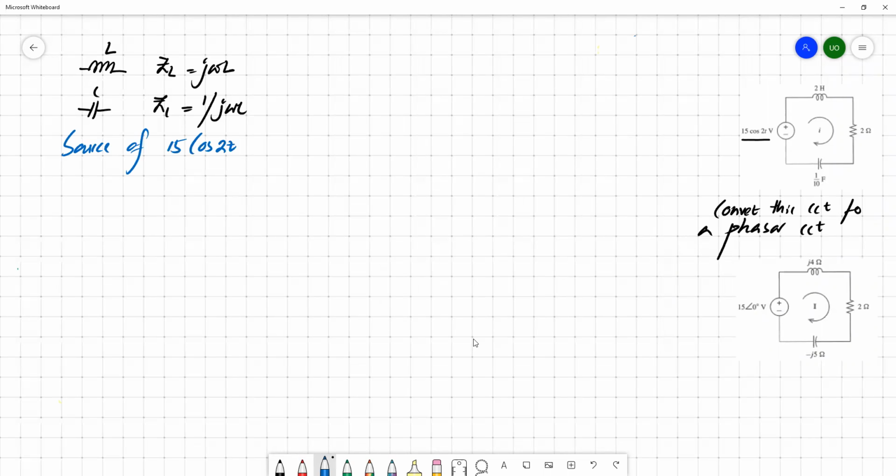In general, any kind of cosine or sinusoidal waveform can be written in this form: AM, the peak amplitude, cos(omega t plus theta). So theta is the initial phase shift, and AM is the peak amplitude.